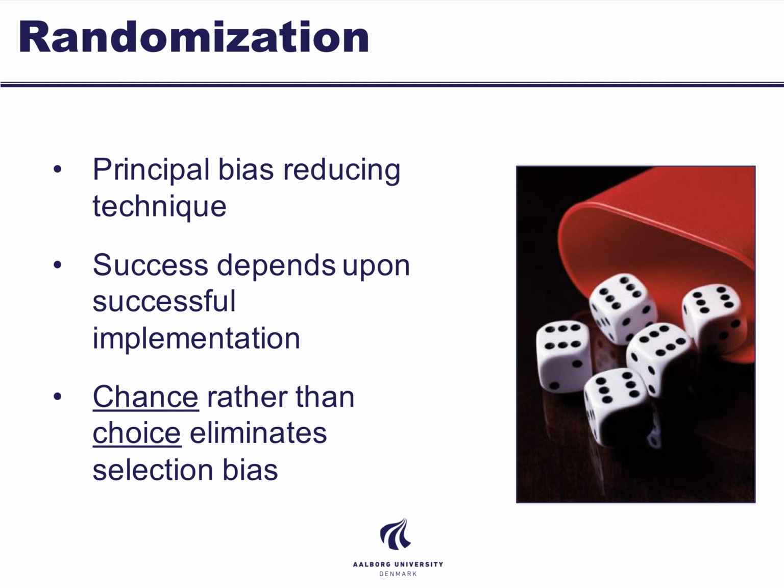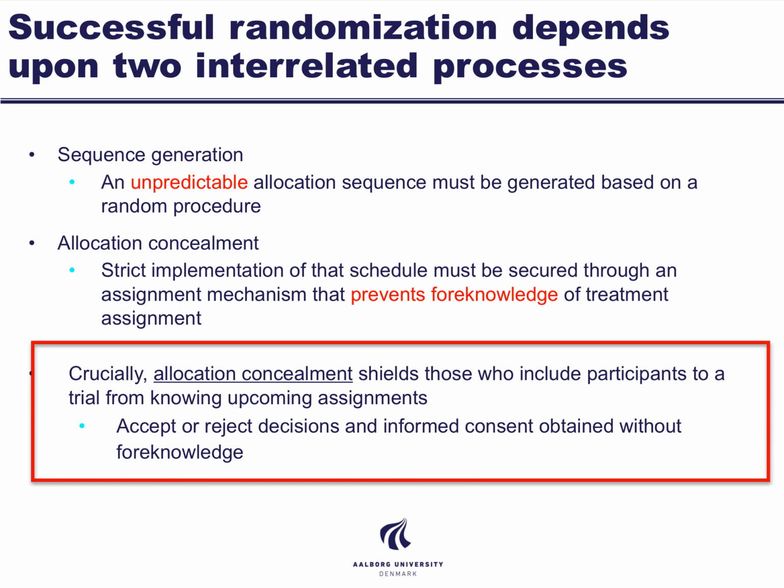And the success depends on basically 2 related items. One is the sequence generation, where you need to make an unpredictable allocation sequence based on some kind of random procedure. When you've done that, then you need to do allocation concealment, which is a strict implementation of that schedule.